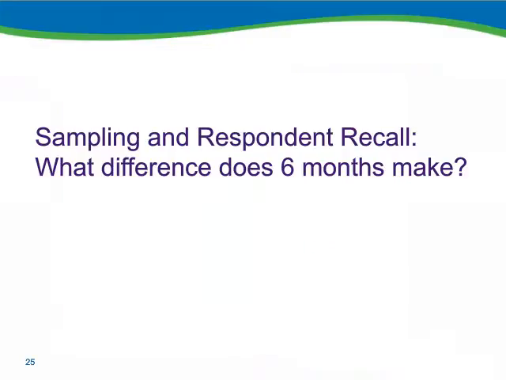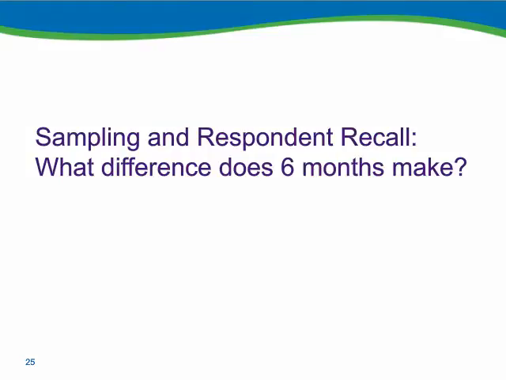Thanks, Dale. And thank you for the opportunity to talk about what happens if one switches to making the survey a 6-month recall survey. I'll start by providing a little bit of overview.